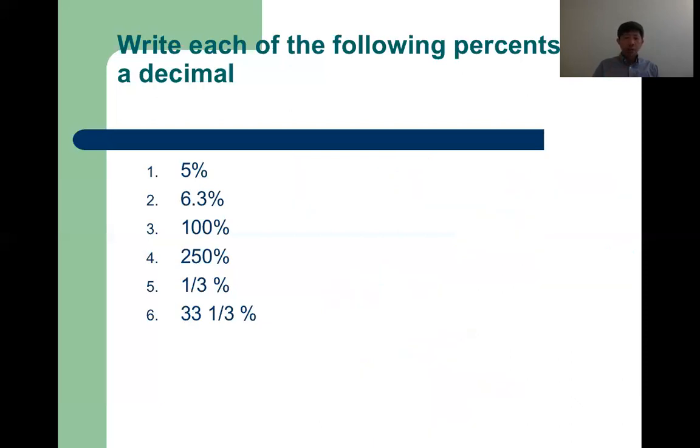Now, next, 33 1/3%. So we're going to change this into 100 on the bottom, and then this is 33.3.